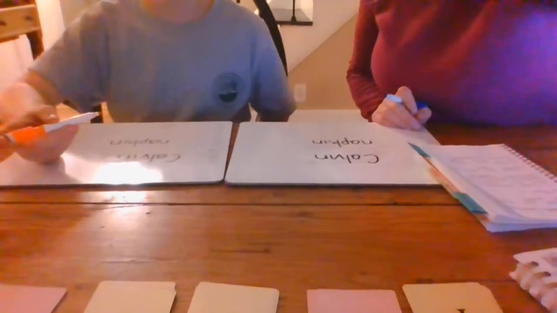The first set of directions is when we see a longer word, we have to break it up into chunks. So we're going to spot and dot the vowels. Remember, the vowels are A, E, I, O, U. Good. So where is the vowel here?